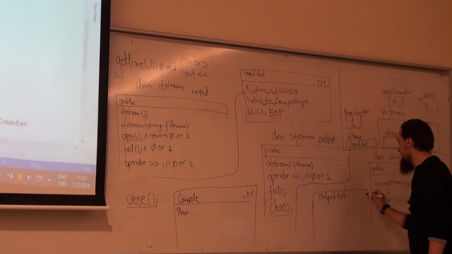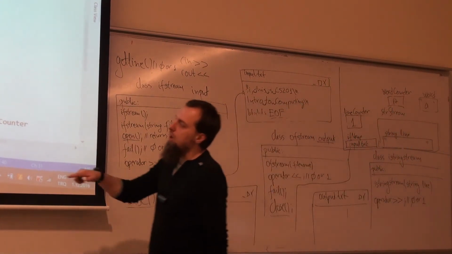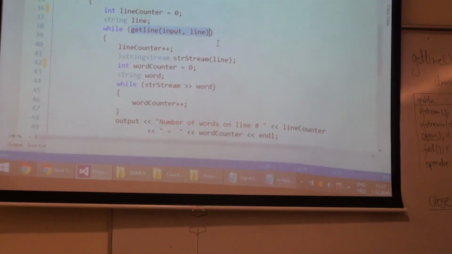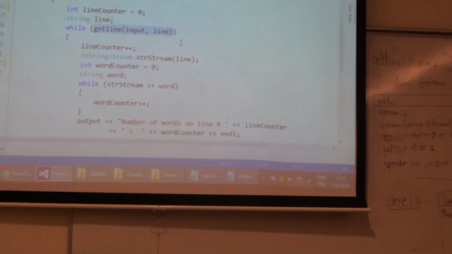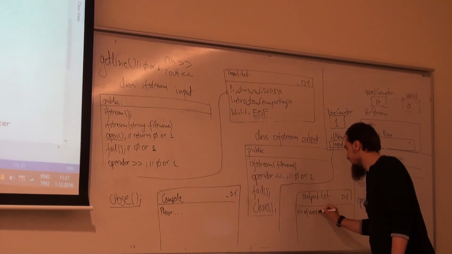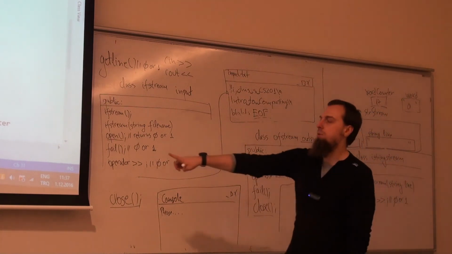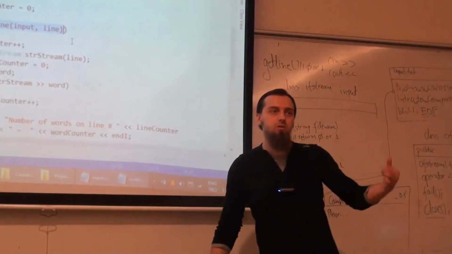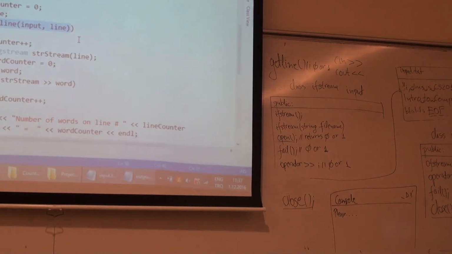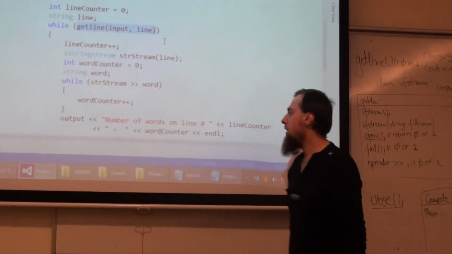This is the name of the file. So with this output file stream, we are writing this: "Number of words in line". We write the sharp symbol, then line counter. What's the value of line counter here? It's 1. In line 1, we have equal. How many words do we have?